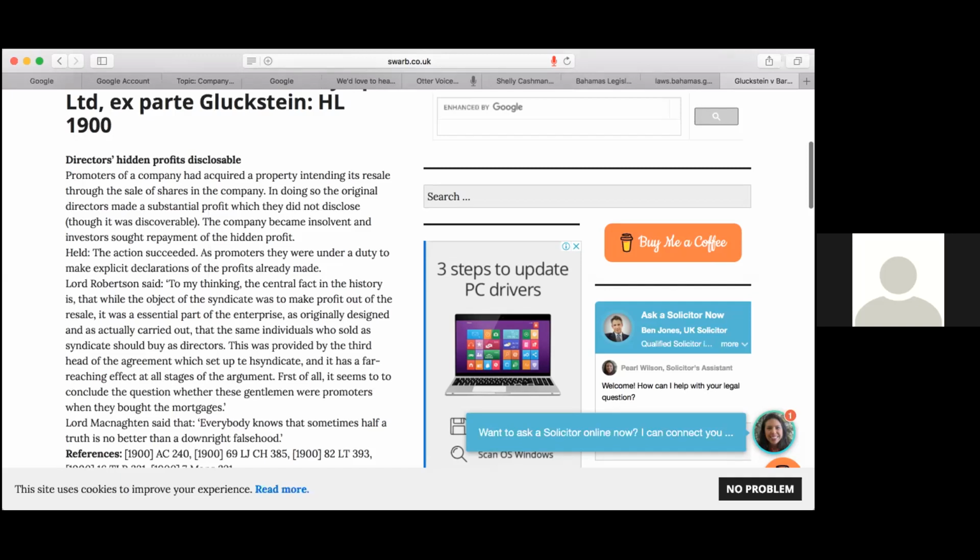So it doesn't matter when the registrar signs it. It is valid on the day of incorporation. It says a company is deemed to be incorporated from the day of the date on its certificate of incorporation, and from the first moment of that date.